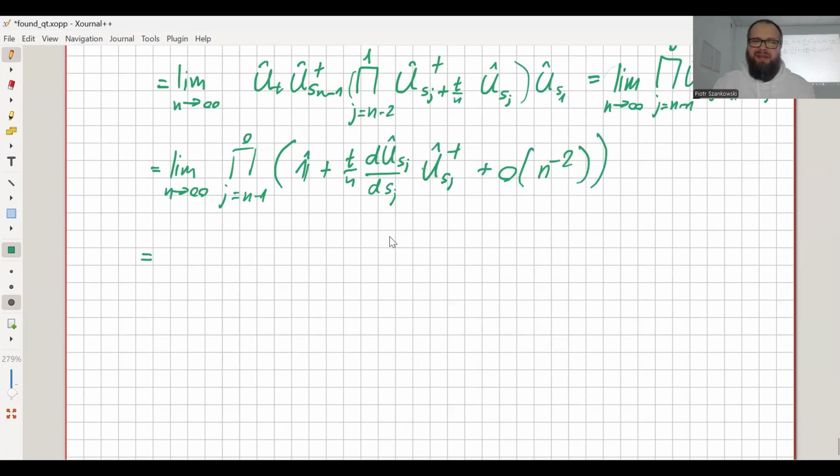This is a very basic limit we know from analysis.